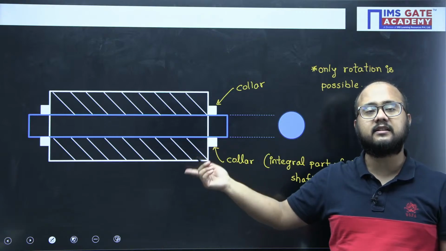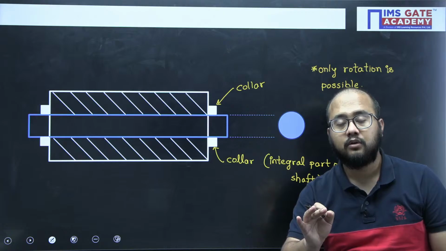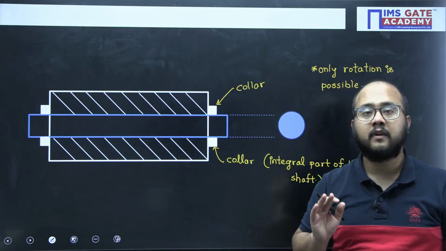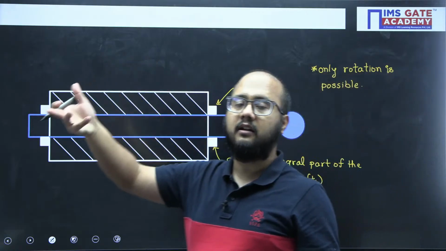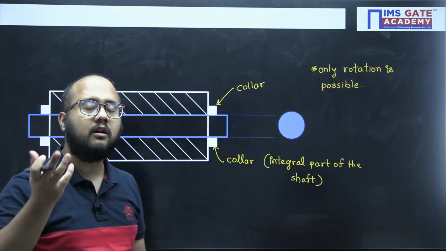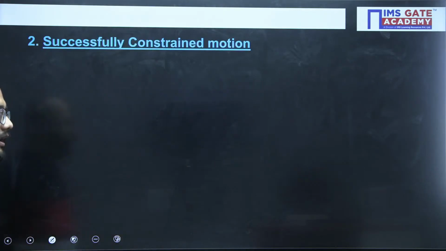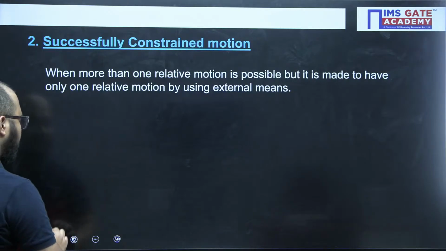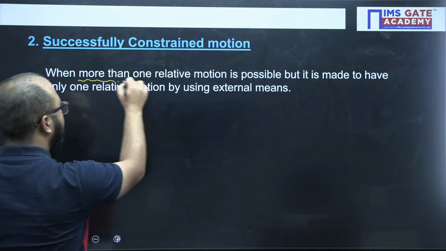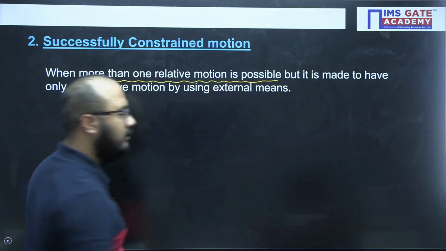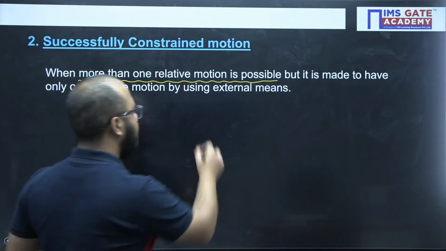They consider this example as successfully constrained motion, which is totally wrong, because here the restrictions don't come from external means, as the collars are an integral part of the shaft. Very important point. So remember, more than one relative motion is possible, but it is made to have only one relative motion using external means.